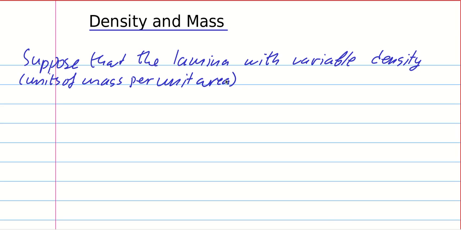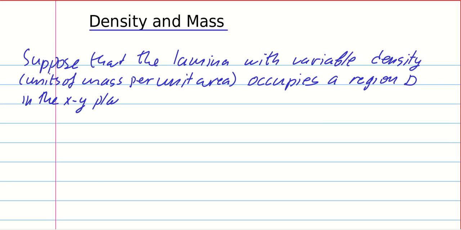So a lamina with variable density occupies a region D in the xy plane. So we have something like this. We have the xy plane, and we have some lamina over here.